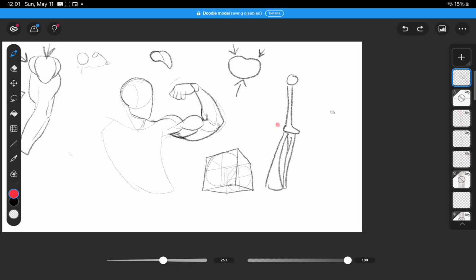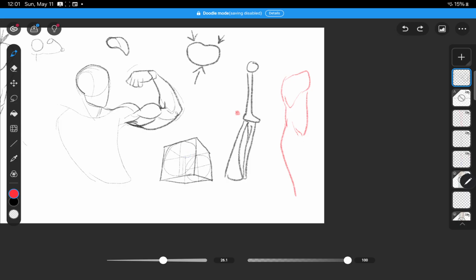So whenever you're seeing an arm at rest, oh look, I made the mistake. I made it straight down.